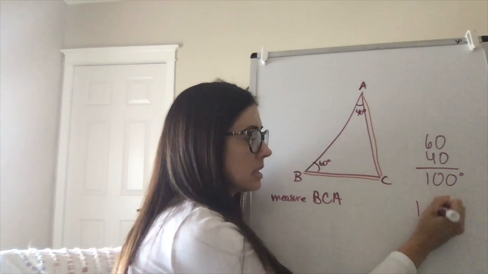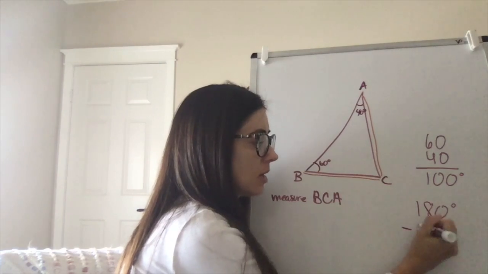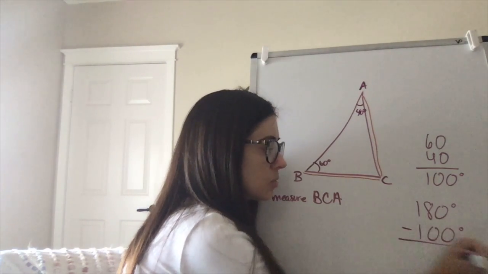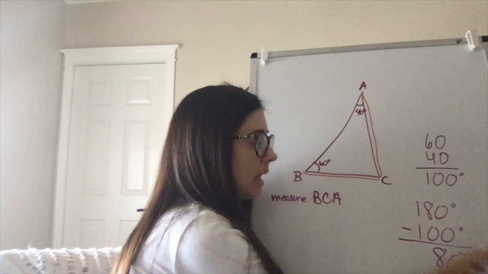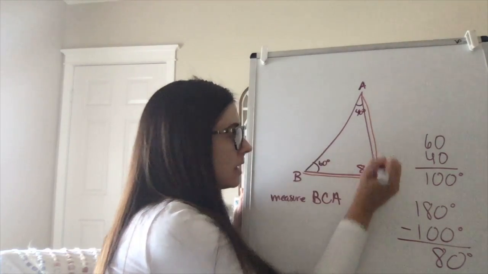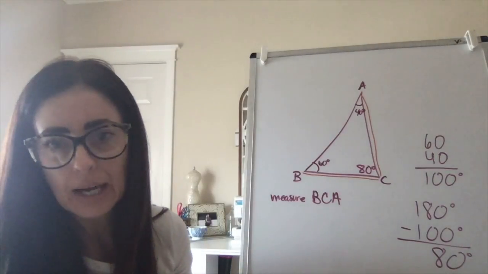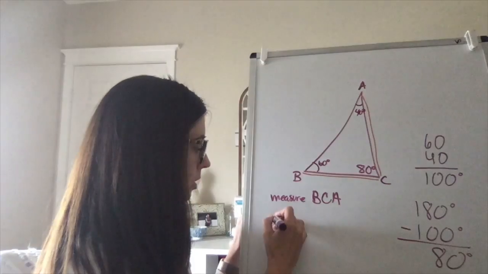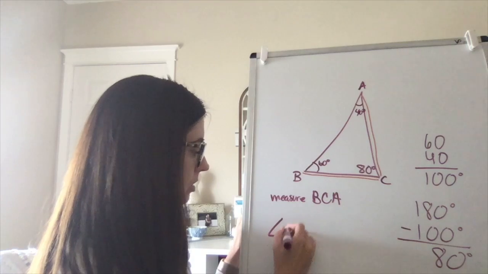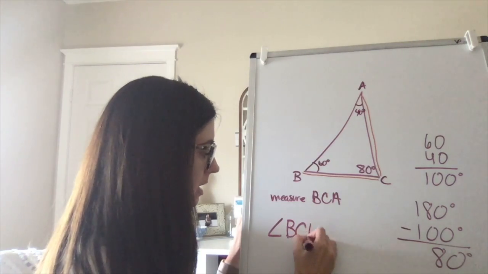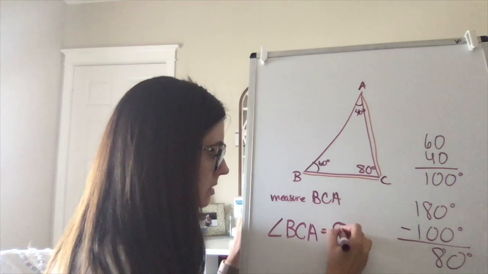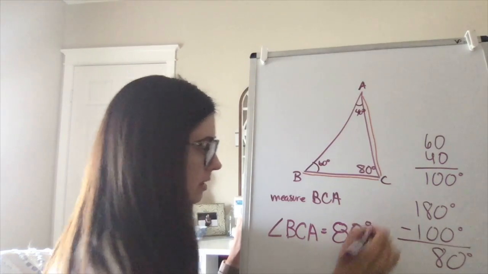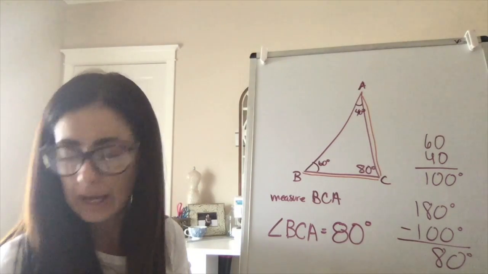If we know the interior angles always measure to 180 degrees, we subtract out 100 and we get 80 degrees. So angle BCA equals 80 degrees. All right?